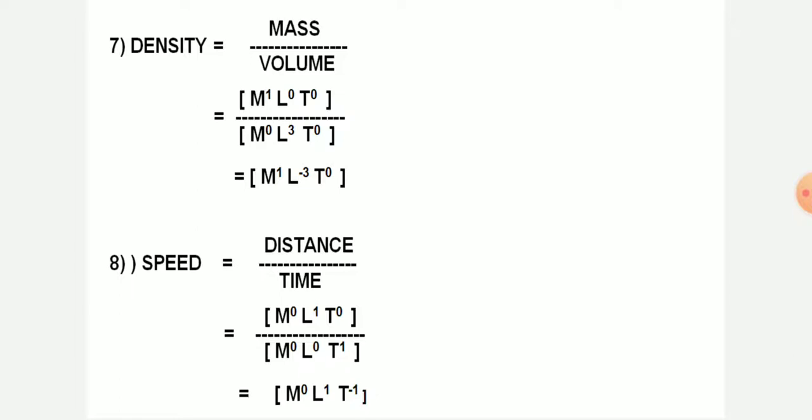So when we solve this, what will be the final answer? m0, L 1 minus 0 is 1, and t raised to power 1, when it moves to the numerator, the power will be minus 1. So we get t 0 minus 1, which is minus 1. Okay.